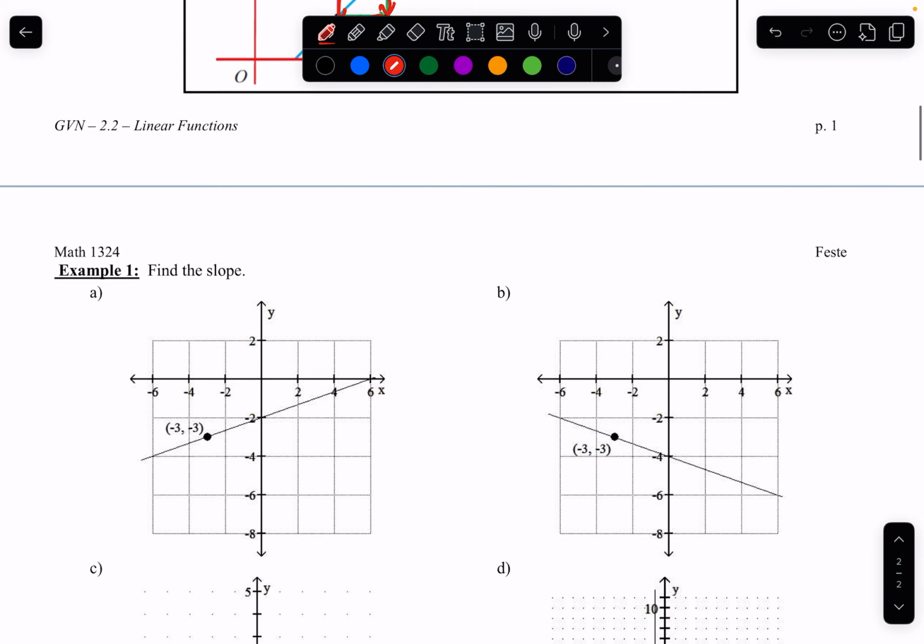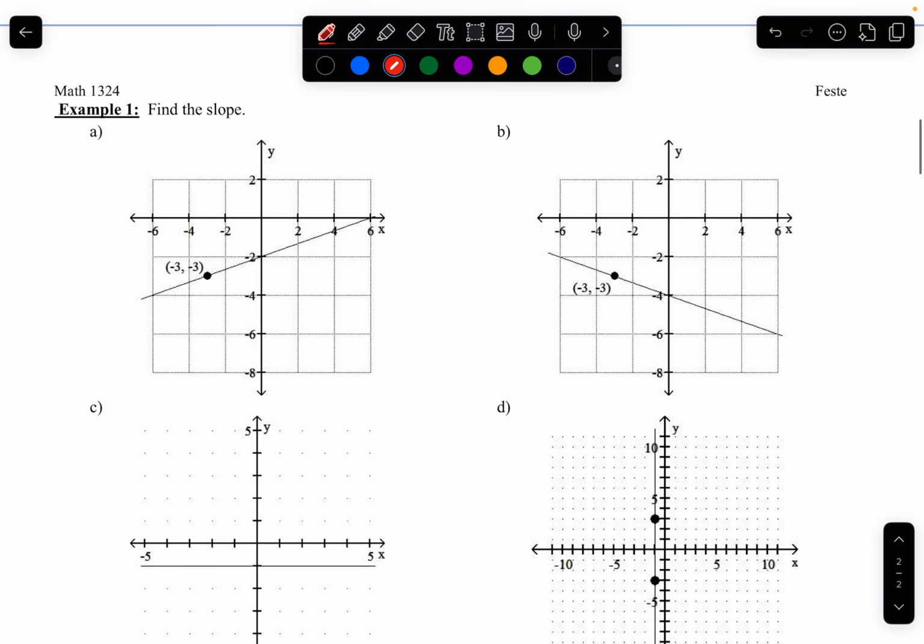Okay, so we're going to find slopes here. We need 2 points on the line. We're given this point here, which is -3, -3. And then we can see that the y-intercept is 0, -2 right here.